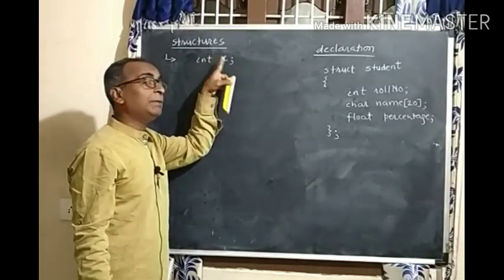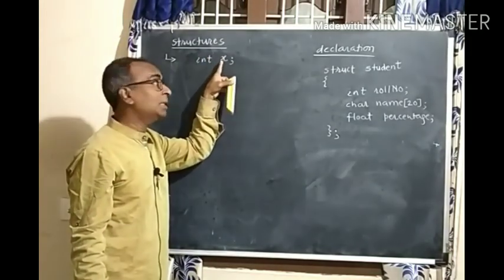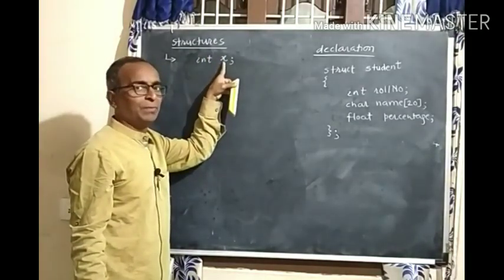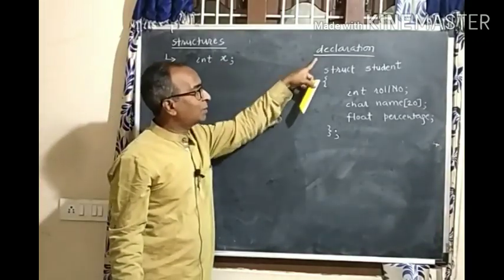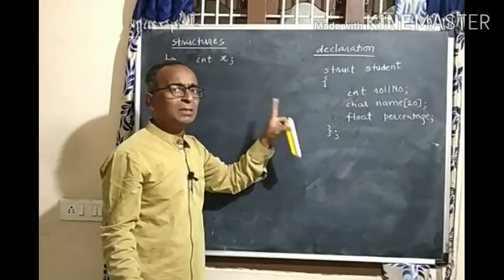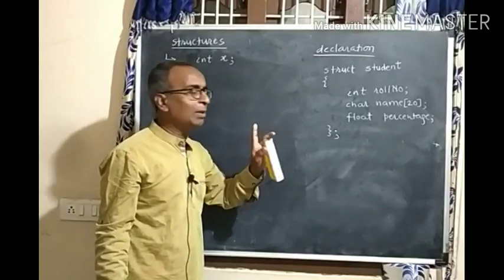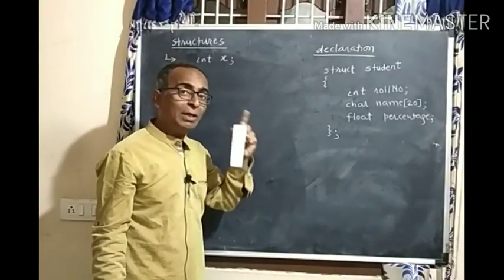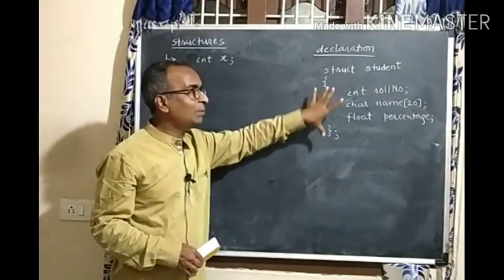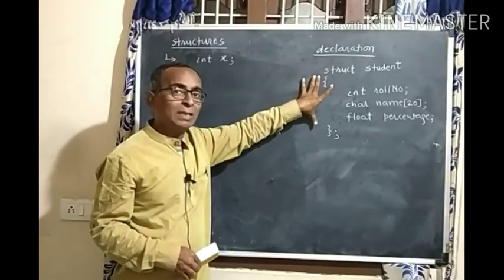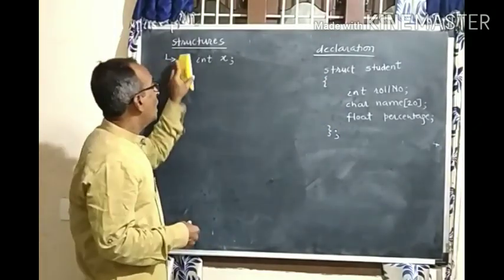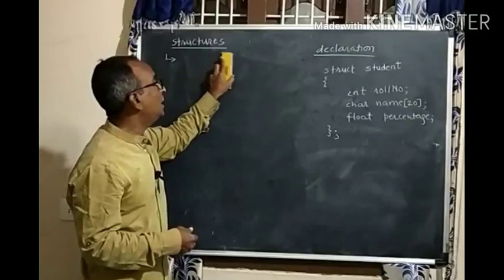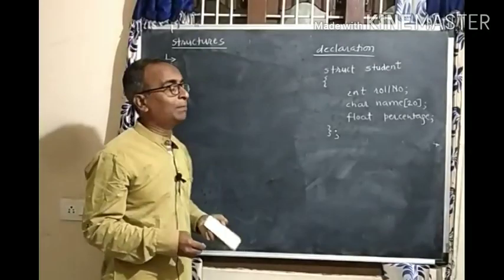This is also definition. Definition means memory is allocated for this, right? Now this structure declaration is just mere declaration. Memory won't be allocated. Memory is allocated when you create variables of this type. So how to create variables of structure type?